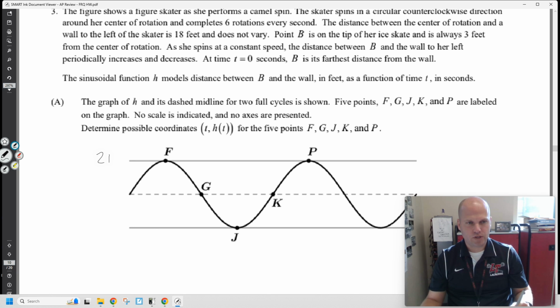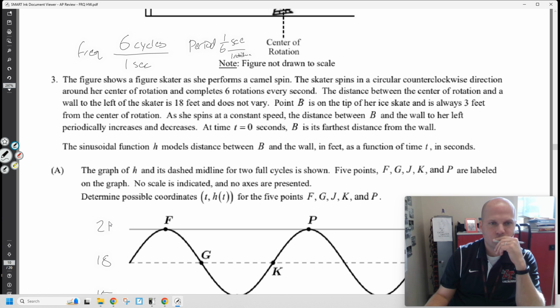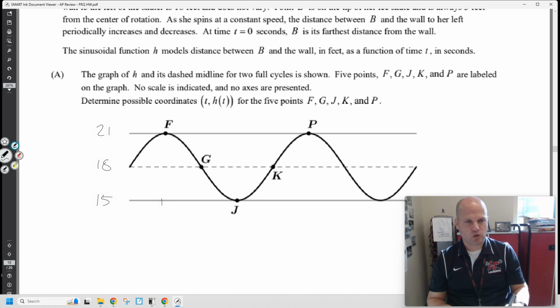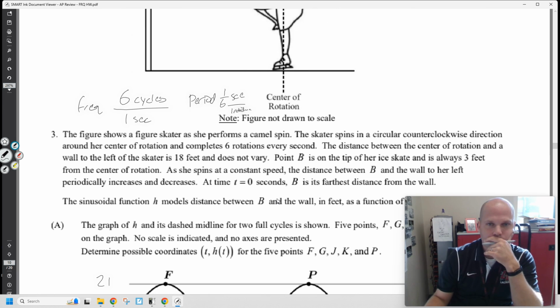That's a good place to start as a spin. At time t equals 0, B is the furthest distance from the wall. So at least this lines up nicely. The first question did not line up nicely, but made for a nice challenging question.